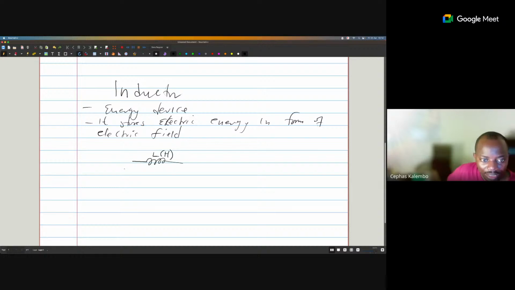So given an inductor like this, you've got 12 volts input, and this 12 volts goes through an inductor. Then you may have a resistor in this very circuit like that. Then your circuit might continue.